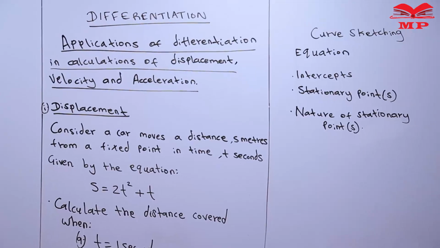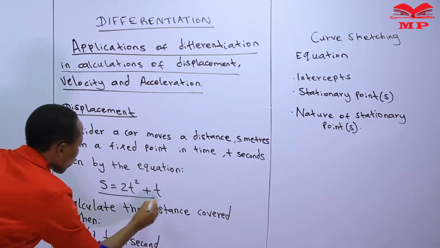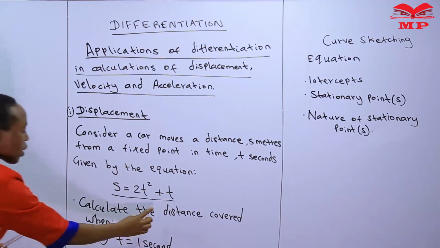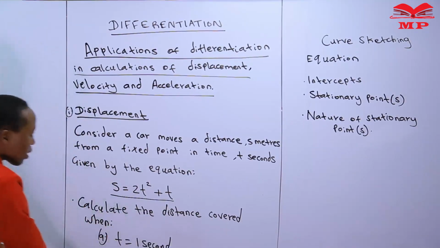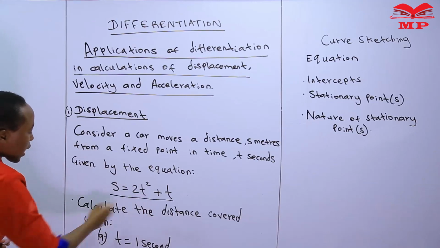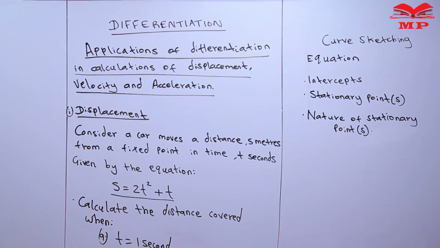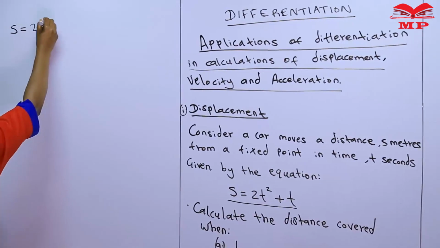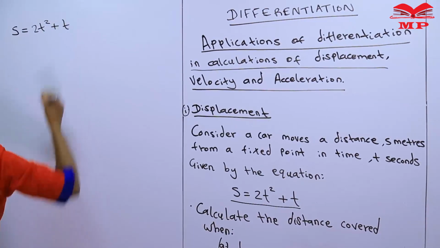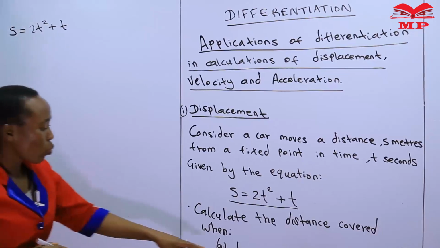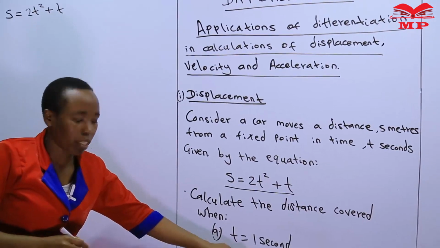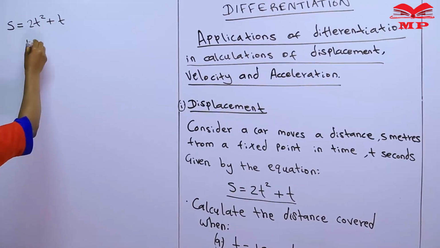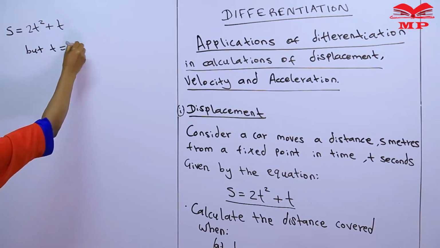We have the equation for distance, which is s is equal to 2t squared plus t. Therefore, we need to substitute t with 1.